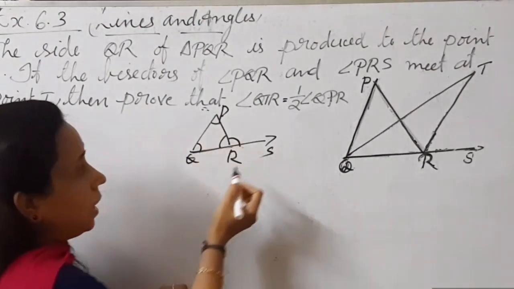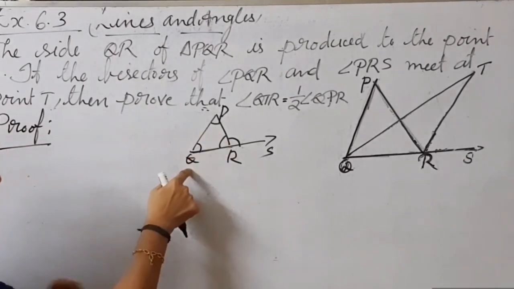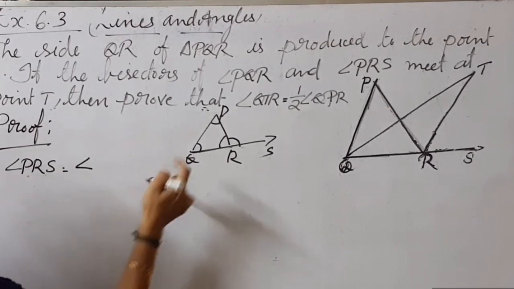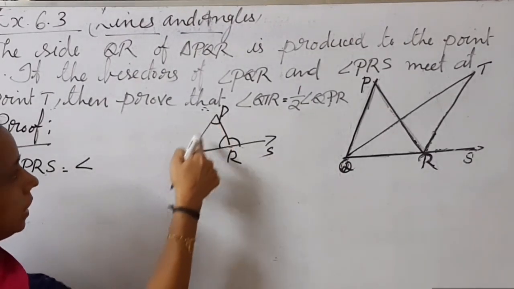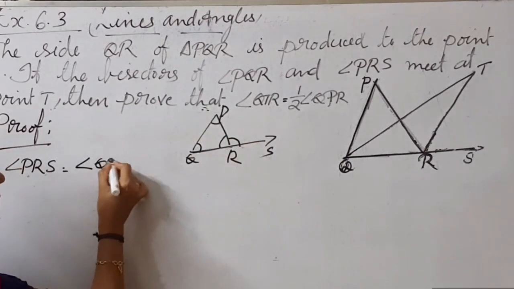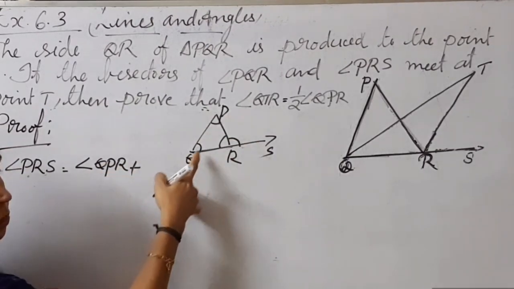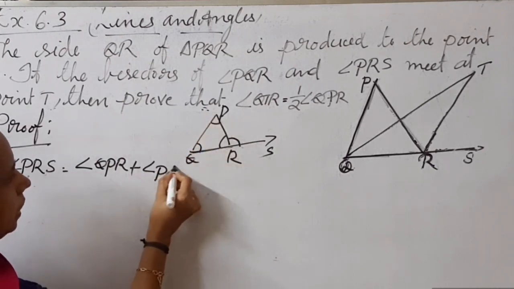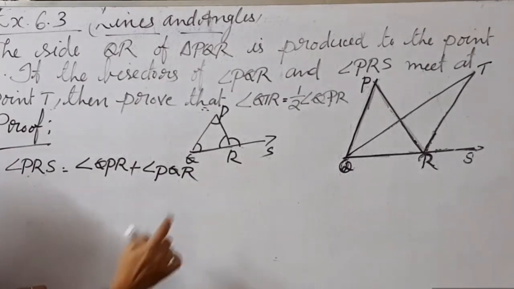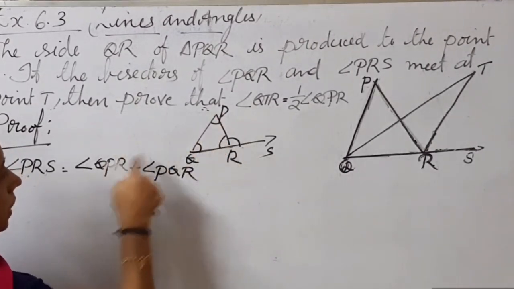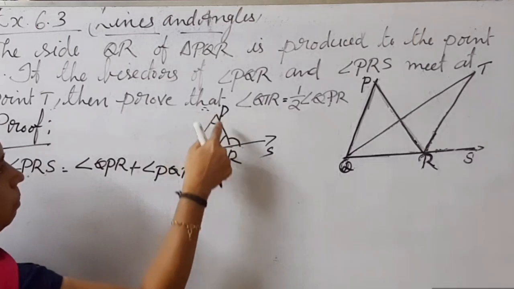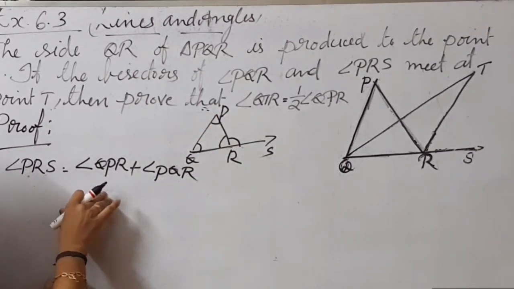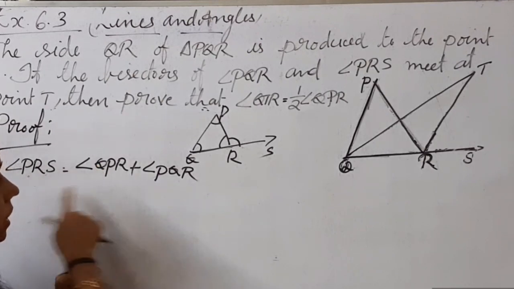That is, angle PRS is equal to angle P plus angle Q. Instead of angle P, I am writing angle QPR, and instead of angle Q I can write angle PQR. Now I have to multiply this equation by a half.